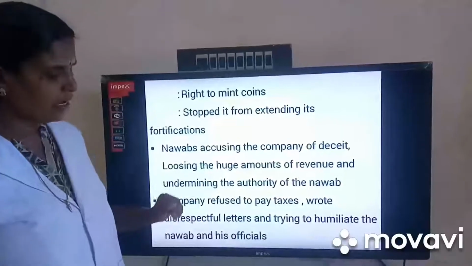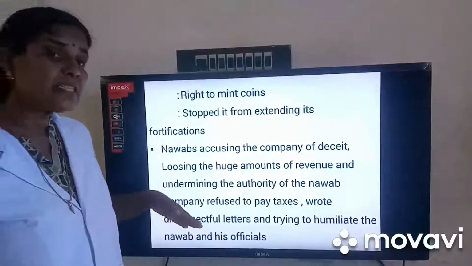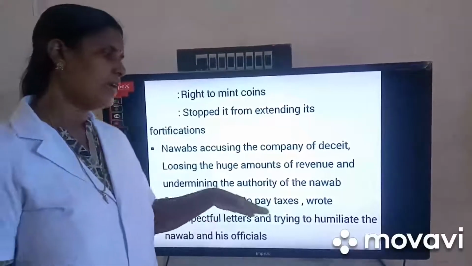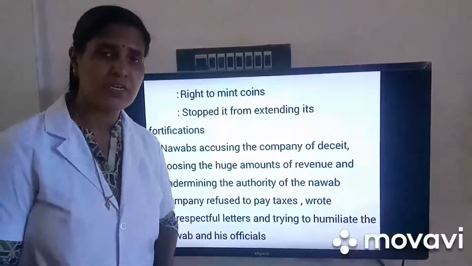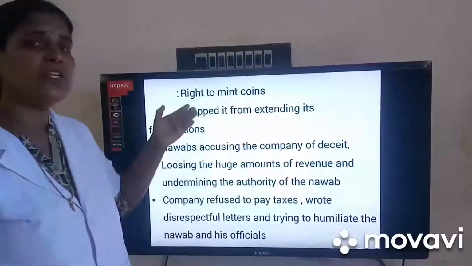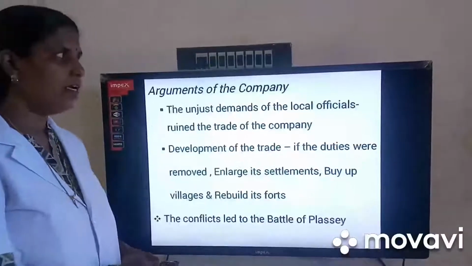At the same time the company refused to pay the taxes and wrote disrespectful letters, trying to humiliate the Nawab and his officials. Because of this reason, they refused the demands of the East India Company.